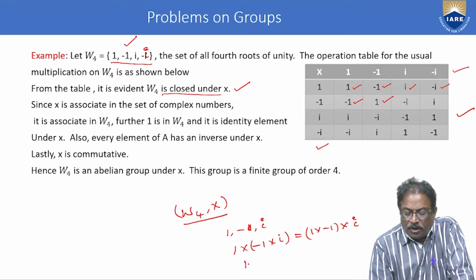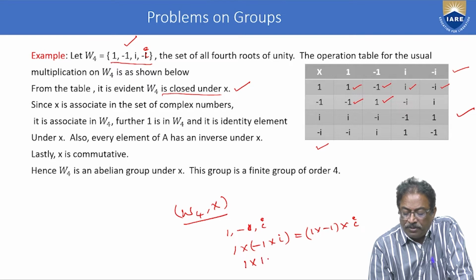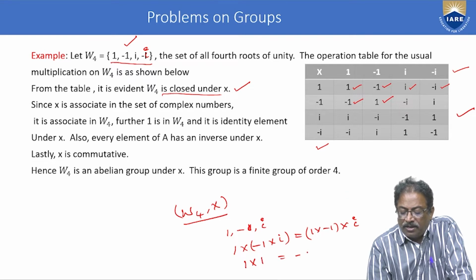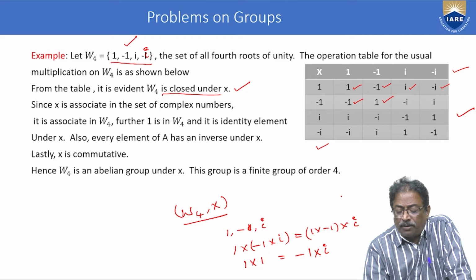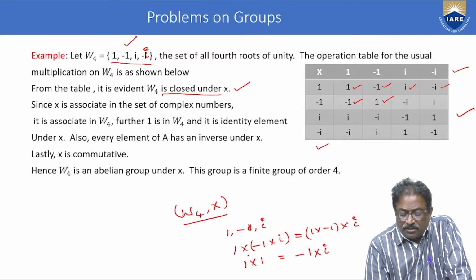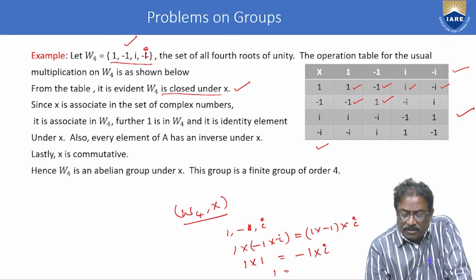So 1 into (minus 1 into i) is minus i, and (1 into minus 1) into i is minus 1 into i, which is also minus i.